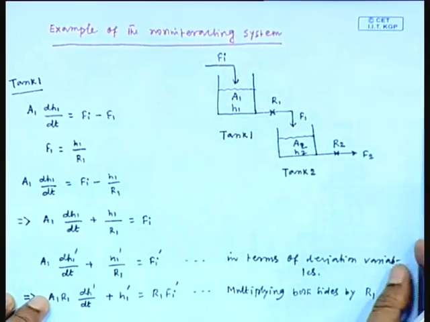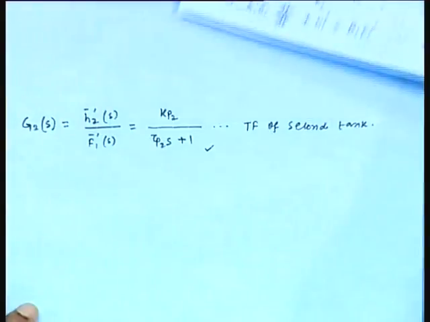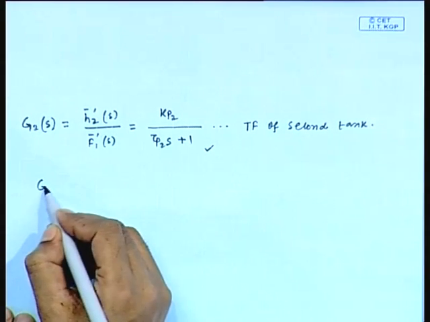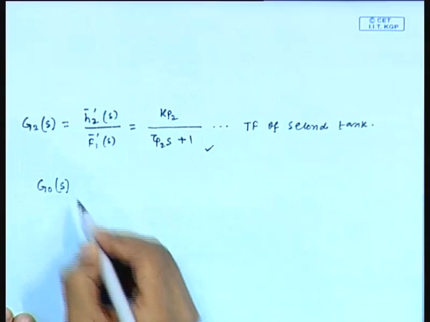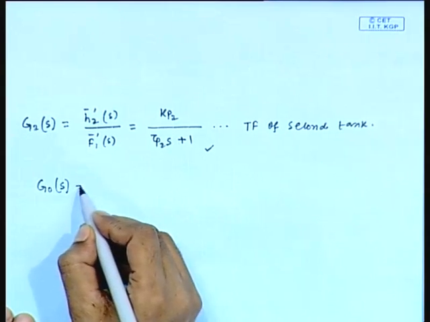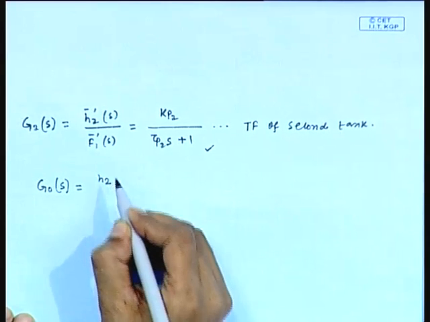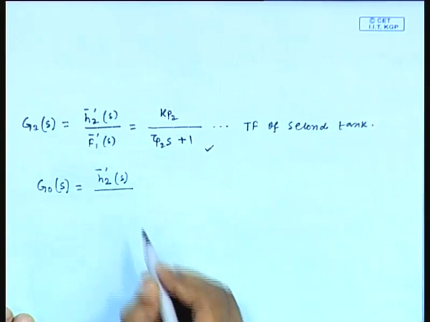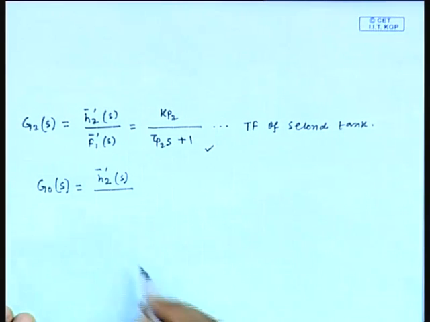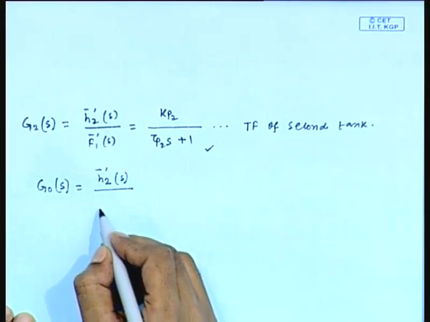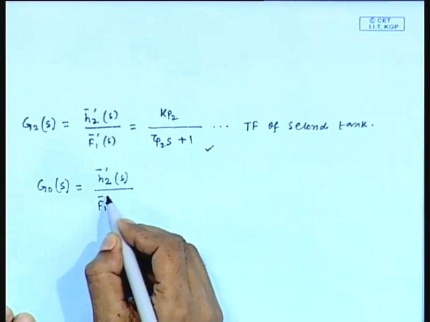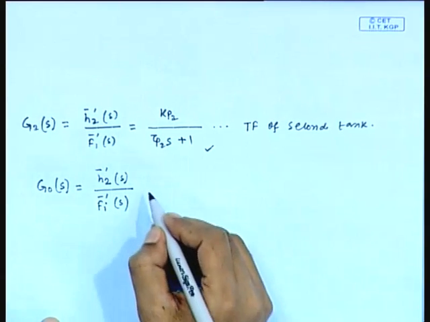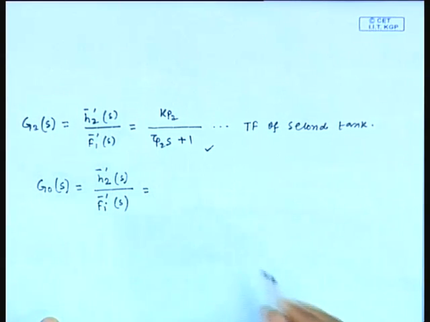Fine. The overall transfer function of this two tank system can be written Z naught s equals H2 bar prime s, this is the output of tank 2, divided by the input to tank 1. This is the overall transfer function.